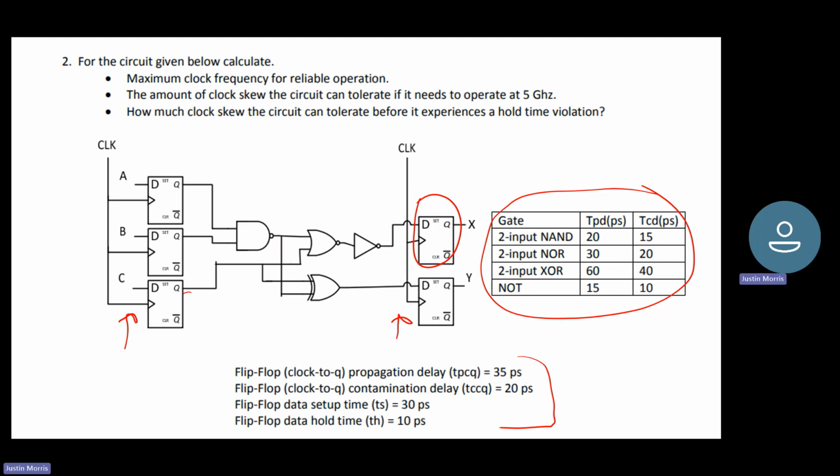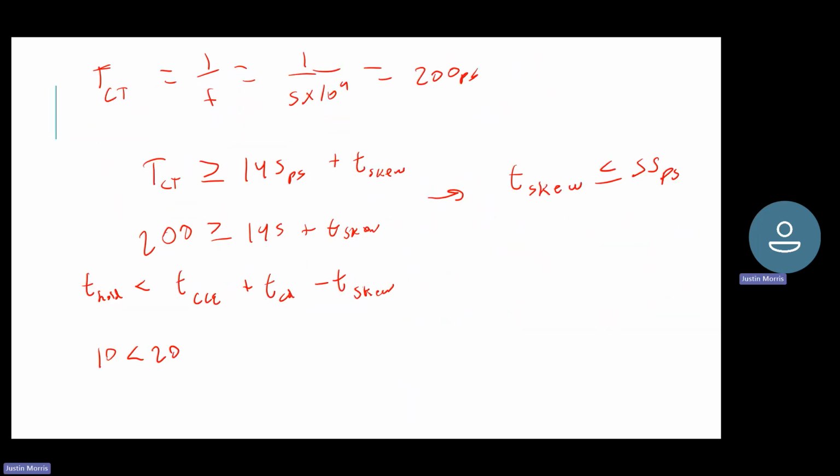And that is going to be 20 and 10, whereas the XOR is 40 alone, right? So we have contamination delay is 30.